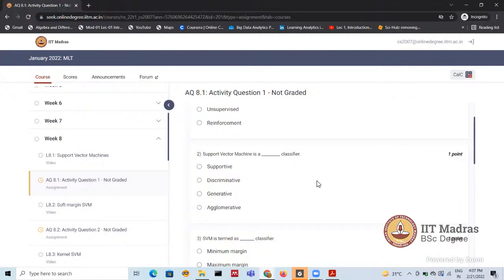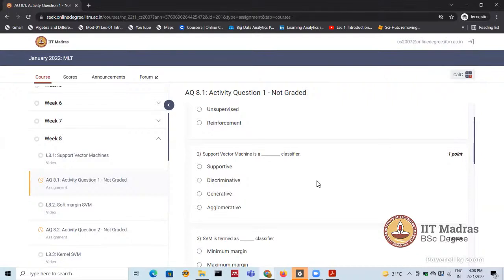Yes, exactly. The name discriminative arrived because the root word is discrimination, and that's what these classifiers do. Rather than coming up with the underlying distributions in the data, they try to discriminate or differentiate between the data.